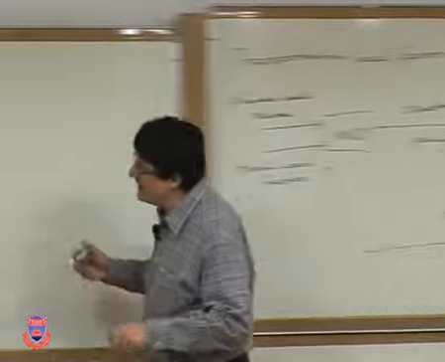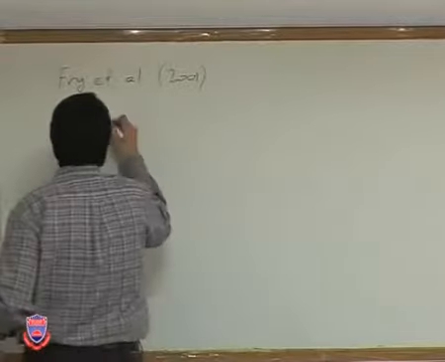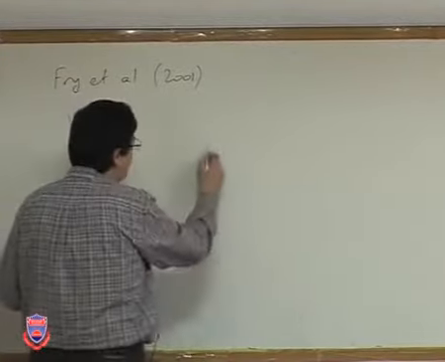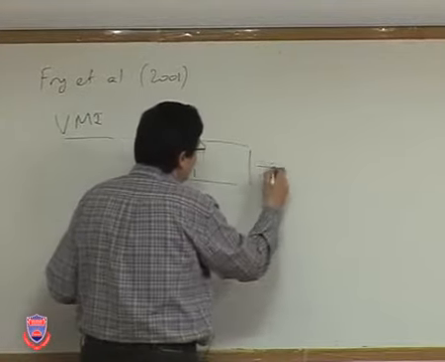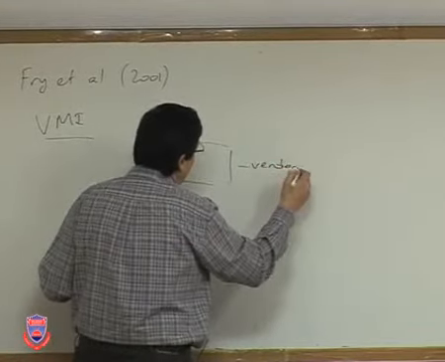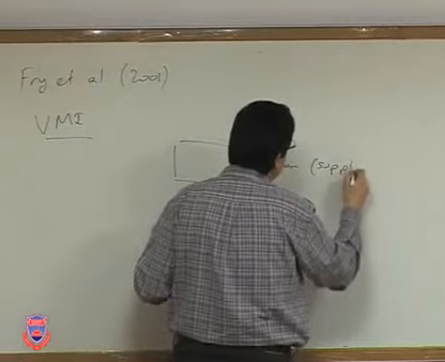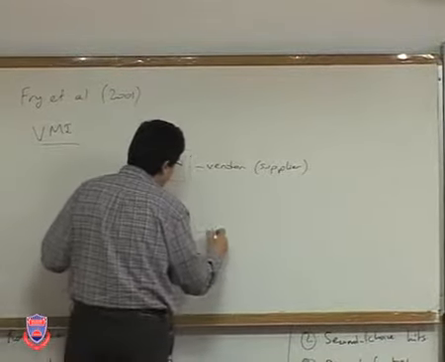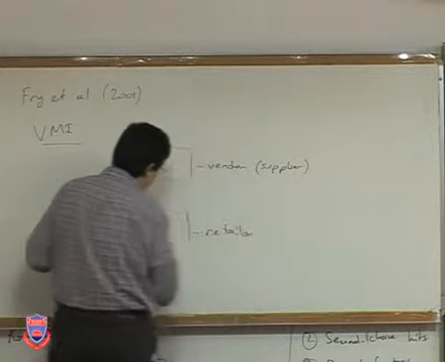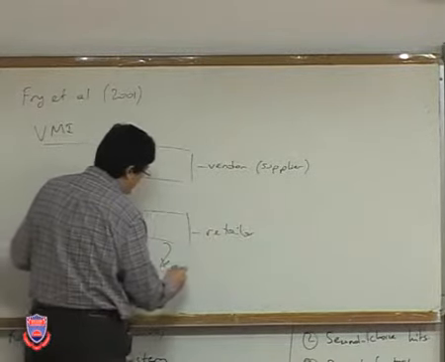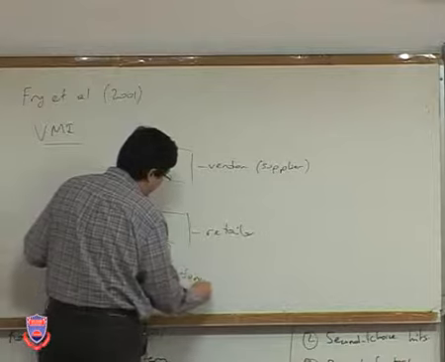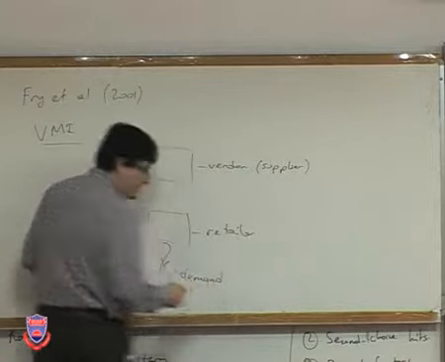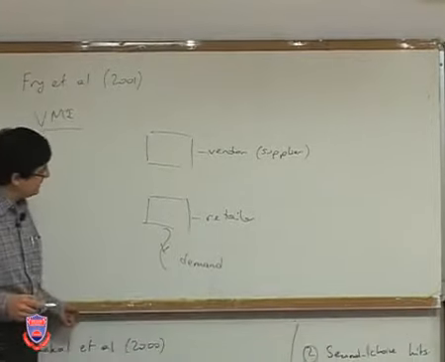So what is the idea of VMI? Simply, let me explain the idea of VMI. Here you have a vendor, and you can consider this as a supplier. And here we have a retailer. And the demand that the retailer sees is random, stochastic demand.